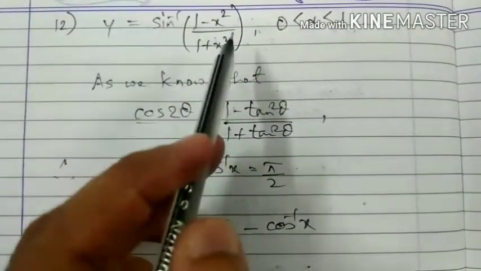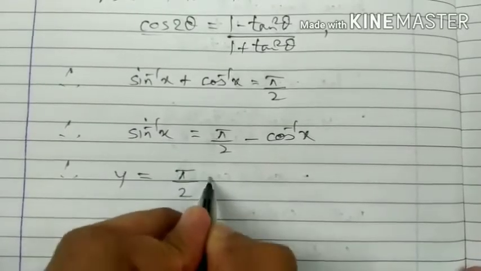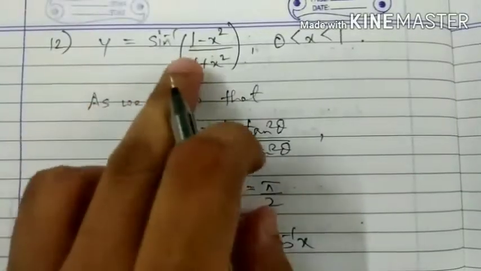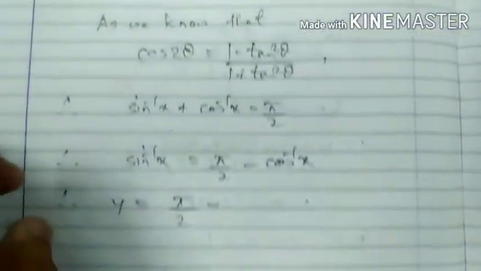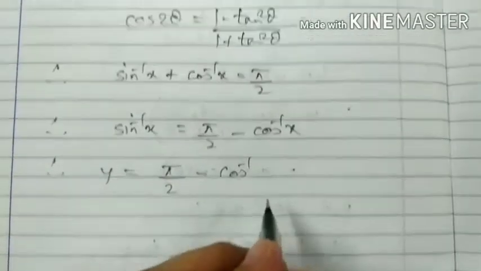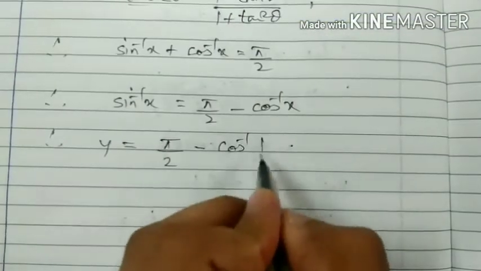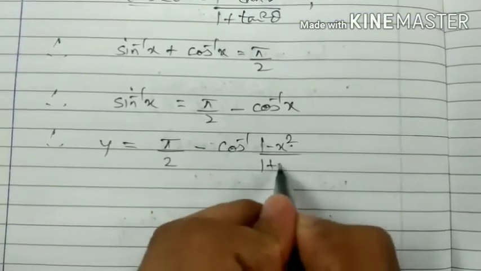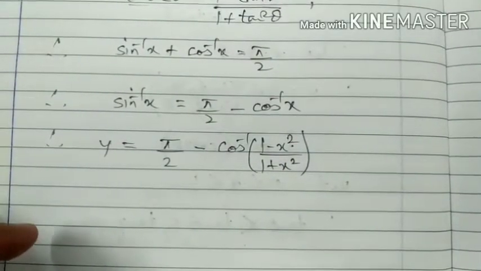So our given function can be written using this property like this: y equals pi by 2 minus cos inverse, since the sine inverse term is given, right? If we want to convert into cos inverse x, then we write pi by 2 minus cos inverse, and instead of x we write (1 minus x square) upon (1 plus x square), that is the given 1 minus x square upon 1 plus x square. So in this way we can convert the given function into cos inverse.